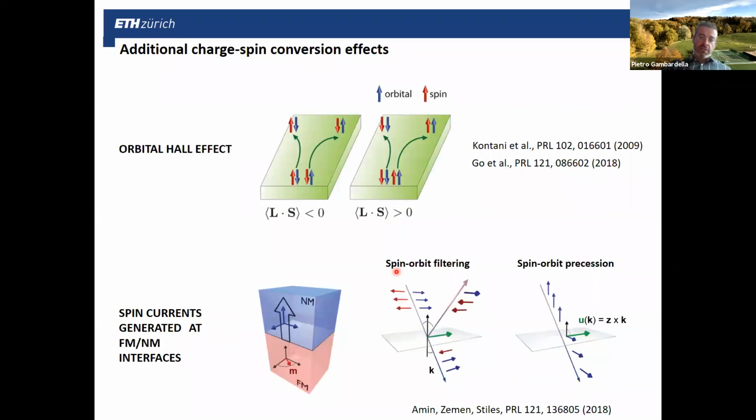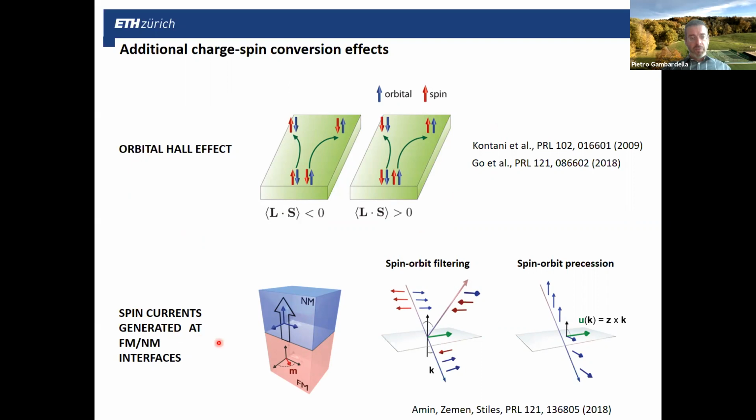There are also other interesting effects that occur when a charge flows in a material with strong spin-orbit coupling. For example, orbital Hall effects have been postulated by theory, not yet convincingly demonstrated by experiments.